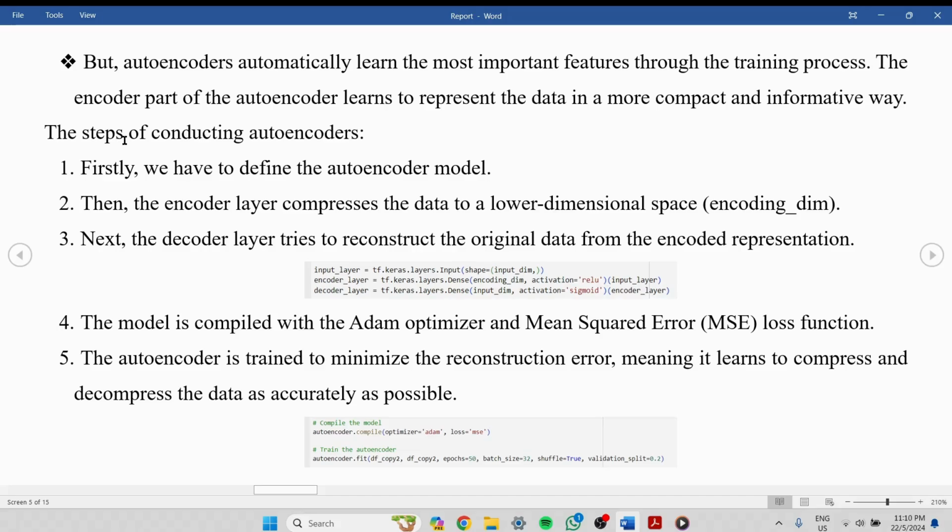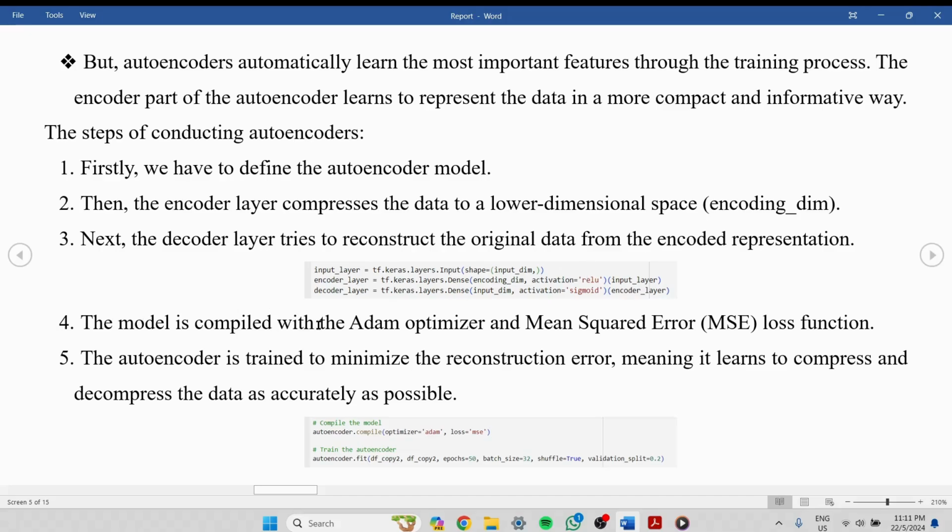So there are several steps of conducting autoencoders in our solution. Firstly, we have to define the autoencoder model. Then the encoder layer compresses the data to a lower dimensional space, for which we use encoding_dim. Next, the decoder layer tries to reconstruct the original data from the encoded representation.